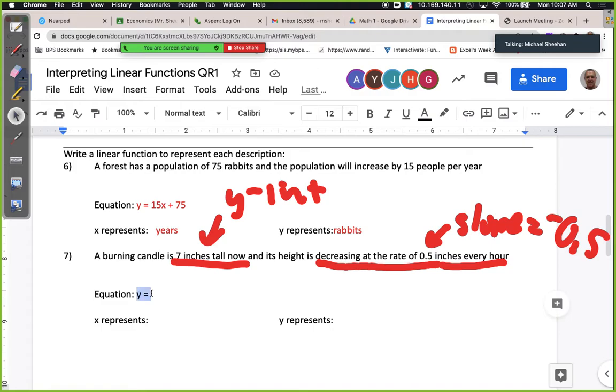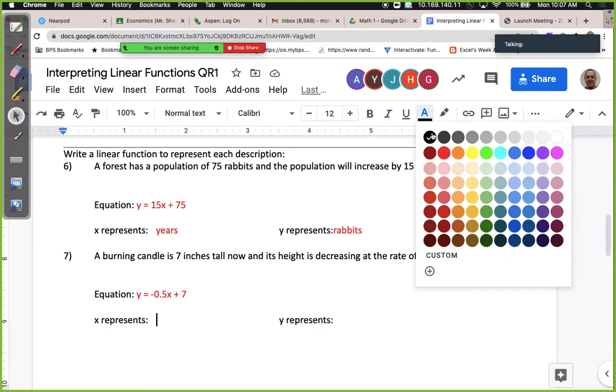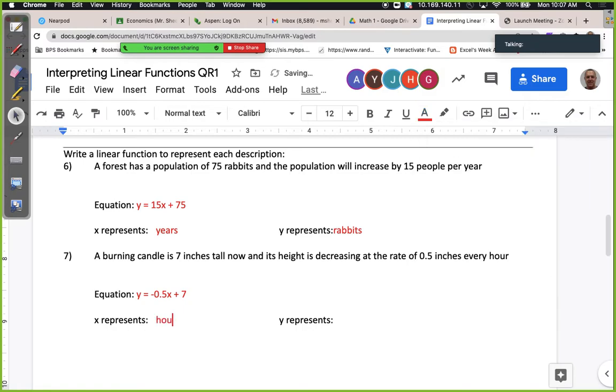Hold on a second. Let me make this in red. Negative 0.5x plus 7. All right. Inches per hour, inches every hour. X is going to represent hours. And whatever I start off with, 7 inches tall, y is going to be inches.